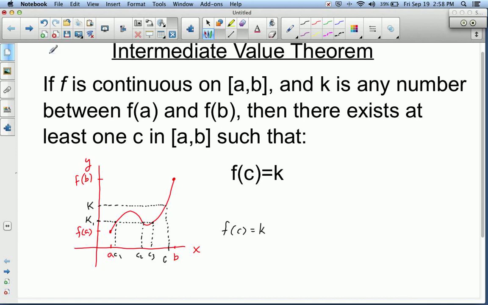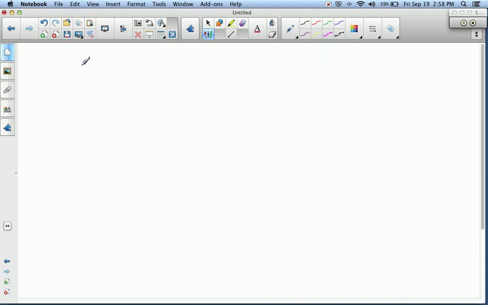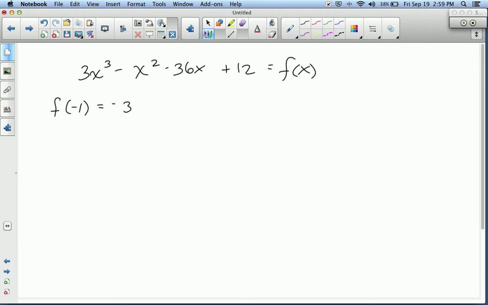The beauty of it is it can help us locate roots. Take this polynomial, for instance, a cubic, 3x cubed minus x squared minus 36x plus 12. Now I'm going to evaluate this at f of negative 1. When I plug in negative 1, I'm going to get negative 3 minus 1 plus 36 plus 12.